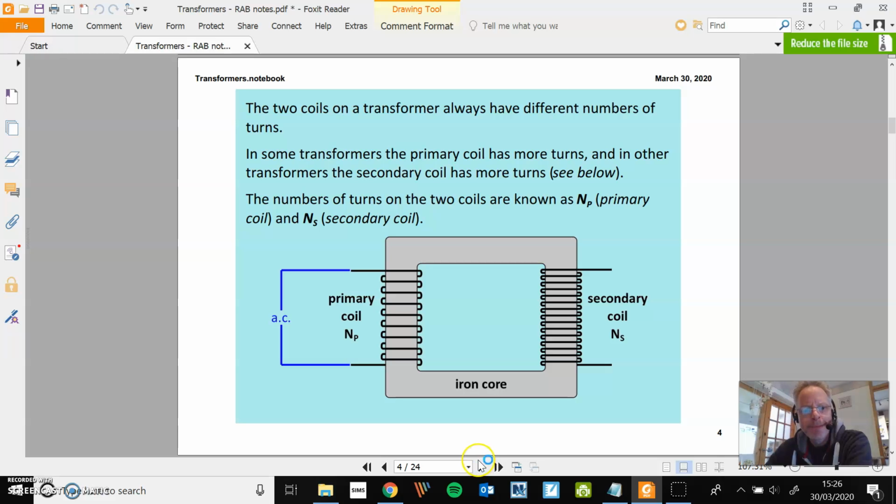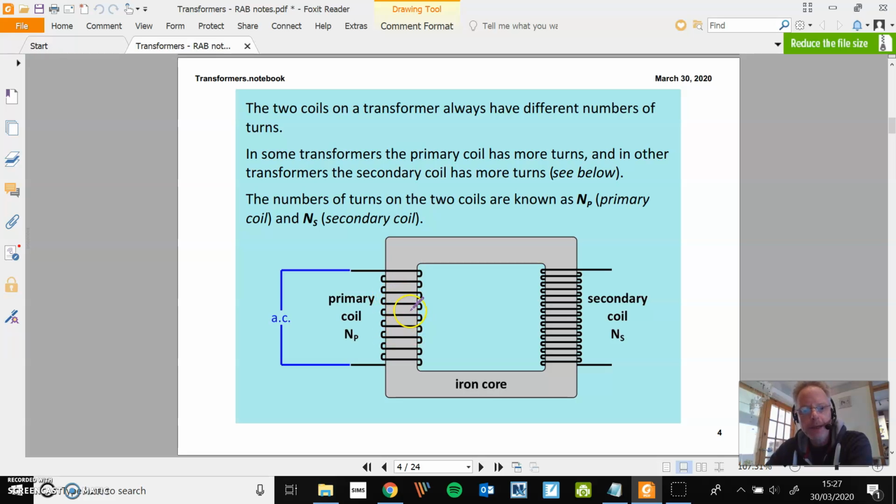Okay, now you can see in the diagram that there are different numbers of turns on the two coils. And that's a standard feature of a transformer. As we'll see, it'd be pretty pointless to have the same number of turns on both coils, so that doesn't ever happen. So either there's going to be fewer turns on the primary, like you can see here, or there'll be more turns on the primary.